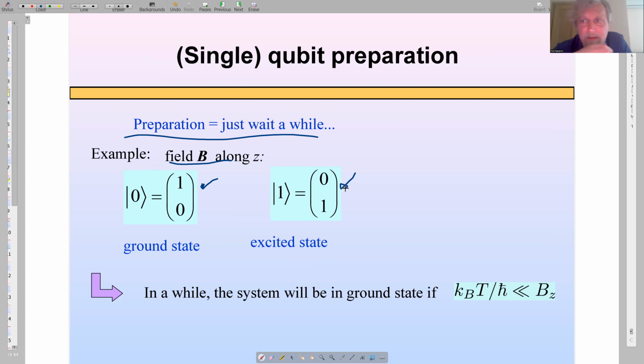If you wait for a sufficiently long time, we will find the qubit in the ground state, provided the temperature is much smaller than the energy splitting between these two states.